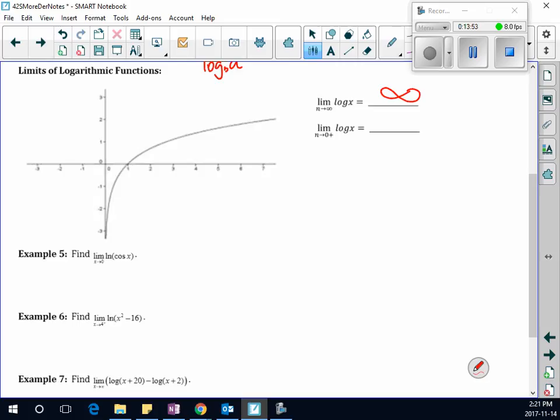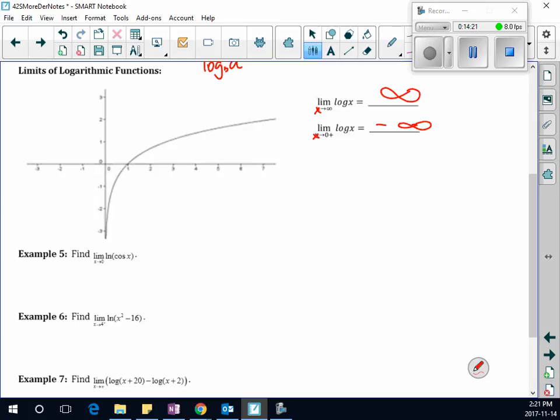It should be actually, that should be an x. Sorry about that. Anyways, what about this one? Yes, negative infinity. Very good. Look at when you're coming from the right closer and closer to 0, it's taking you to negative infinity, right? Remember, limits are the y values.